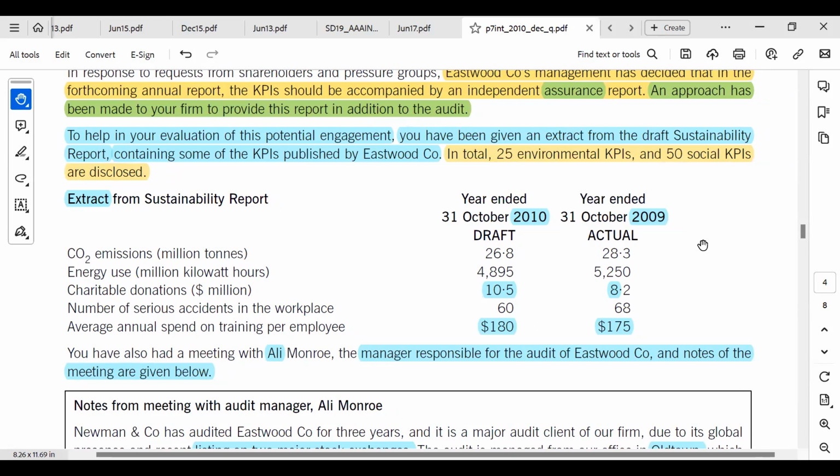They have 25 environmental KPIs and they have 50 social KPIs. So they have asked for a separate assurance report on KPIs. So indirectly, have they asked for a separate assurance report on sustainability information? True or false?